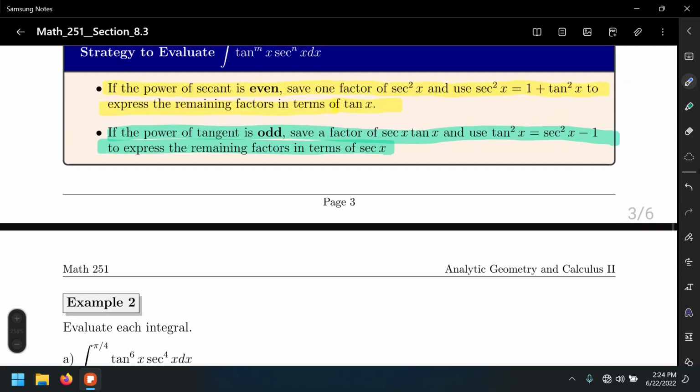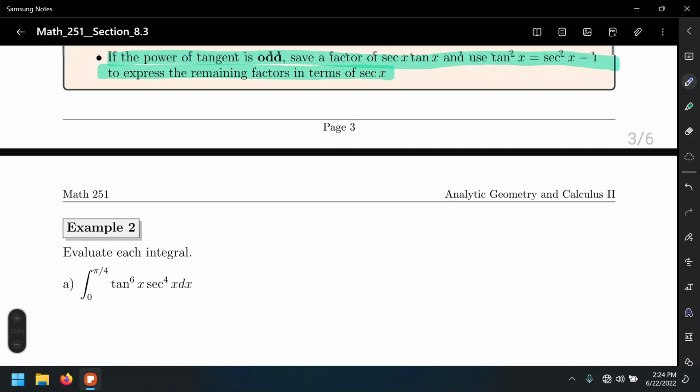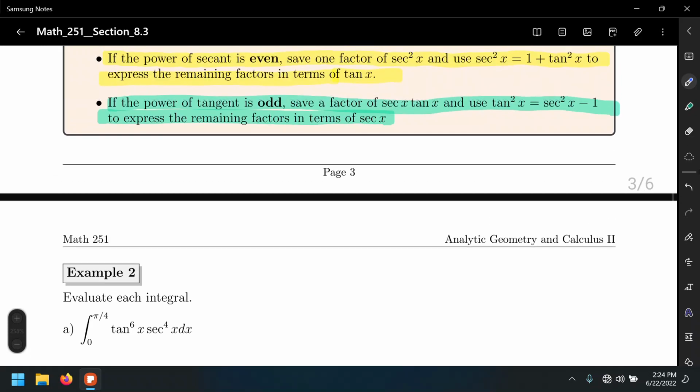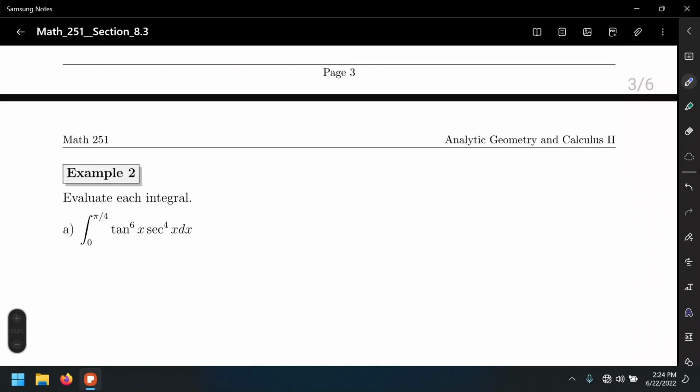Okay, what do we have? That one is going to be interesting because we have secant even and tangent odd. Do you see an odd power of tangent? Well, we have an even power of secant, so that's the one we're going to work with. So we're going to save one power of secant squared. That's going to be the u du part of the problem.